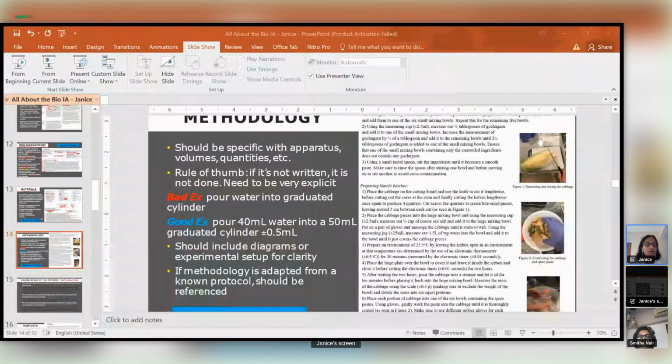Now a good example, as I've told you: pour 40 ml water into a 50 ml graduated cylinder, plus or minus the uncertainty. This is how you have to write it. If you write, pour water into a graduated cylinder, what does the examiner or the moderator understand? So they will deduct the marks.